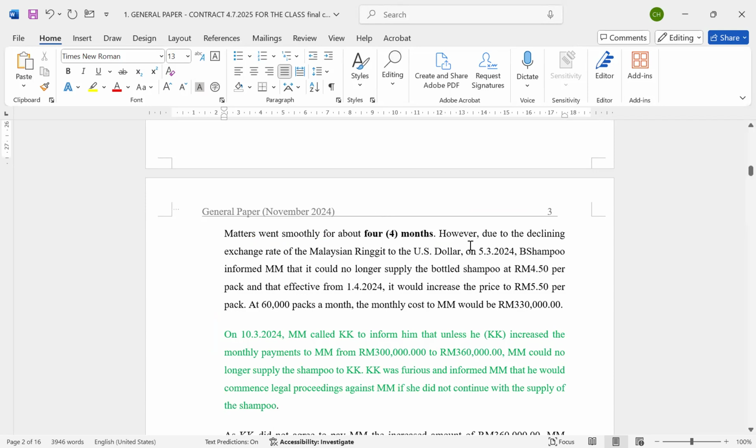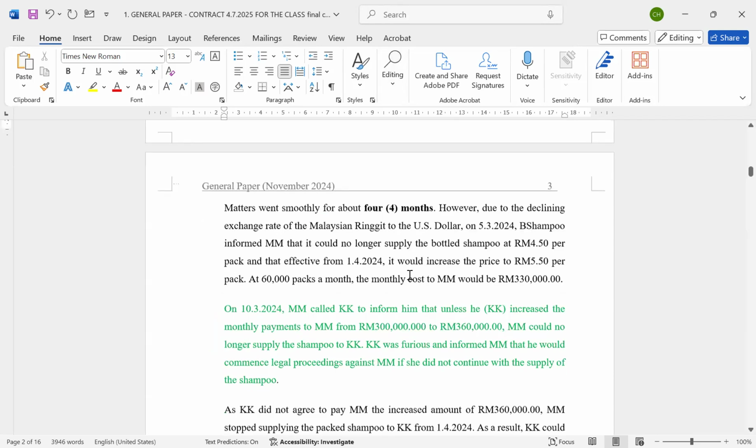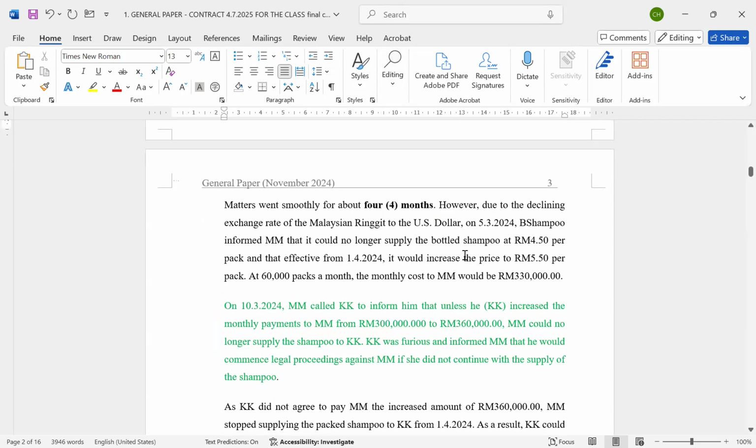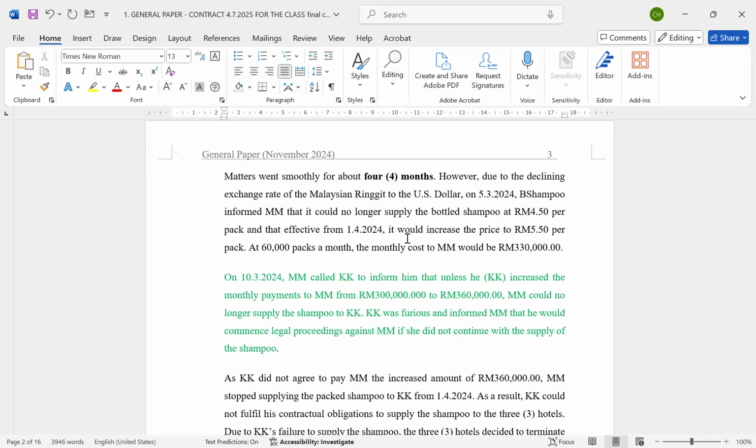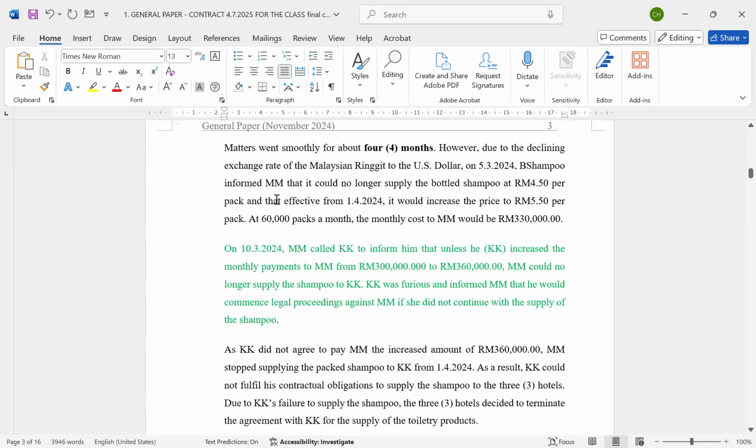B shampoo, as the third party that supplies shampoo to MM, cannot agree to supply the shampoo at the initial agreed price of 4.5 ringgit per pack. So the capital, the model on the part of MM, already increased due to the increment of that particular unit price. If MM continuously supplies the said thing to KK, it will result in a loss on her part.